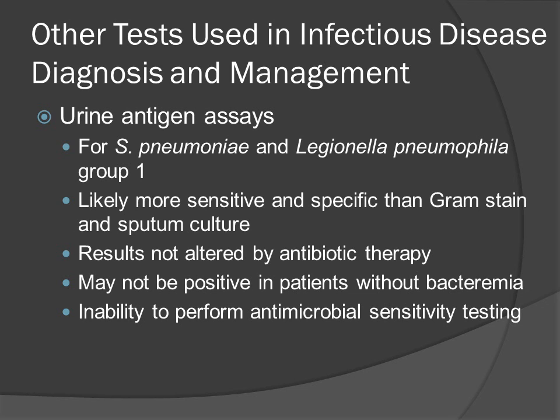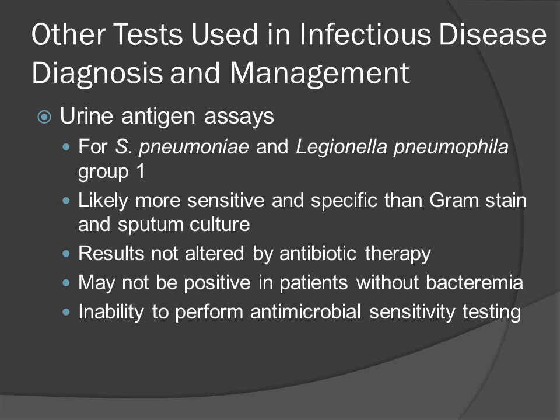They're not looking for active growth of bacteria. It may not be positive in patients who don't have bacteremia. So if you have a low bacterial load, the likelihood that this test is going to be positive is pretty low. And you also cannot perform antimicrobial sensitivity testing because you haven't actually identified the bug. You have just taken a look to see if there's remnants of the bug available.